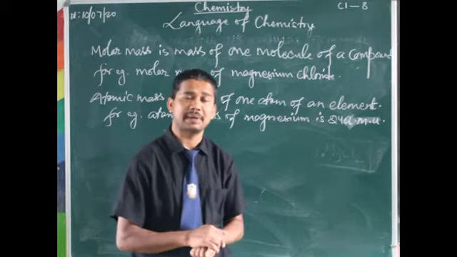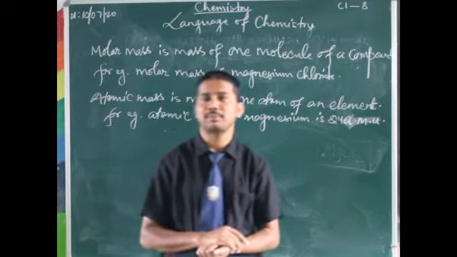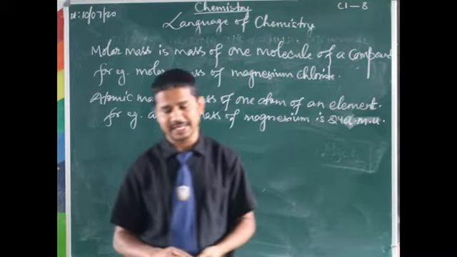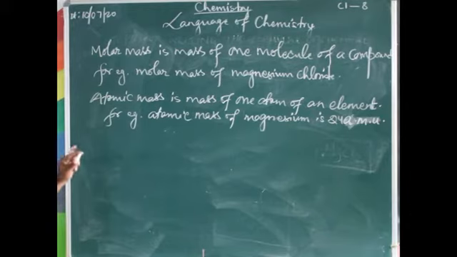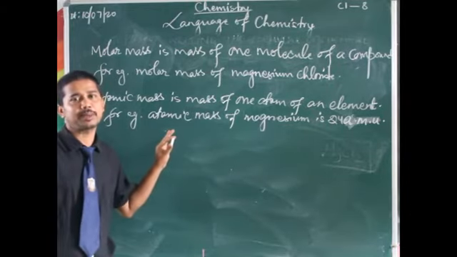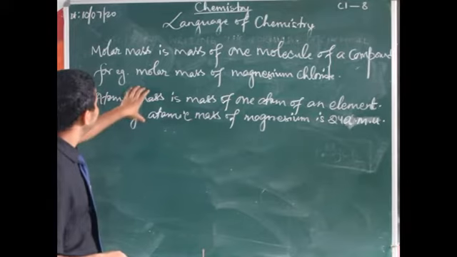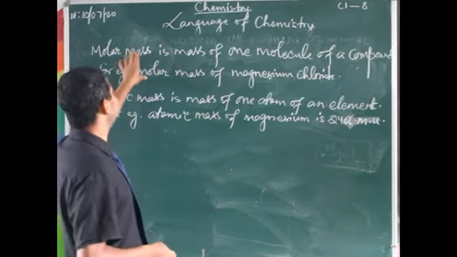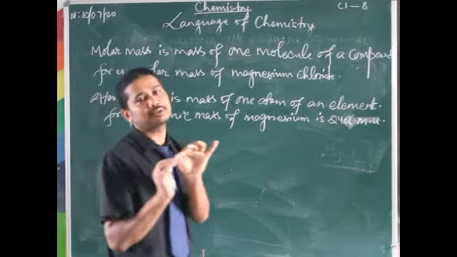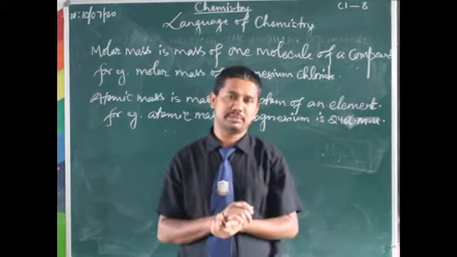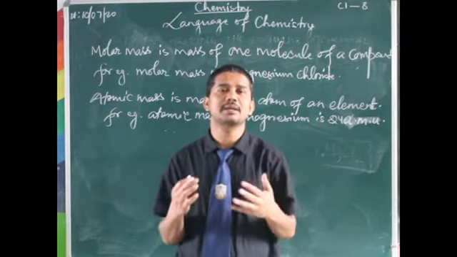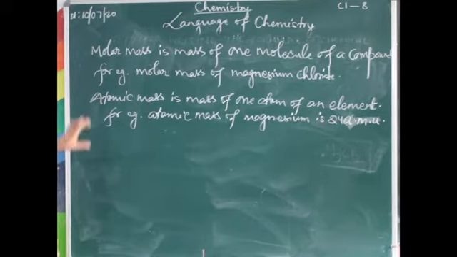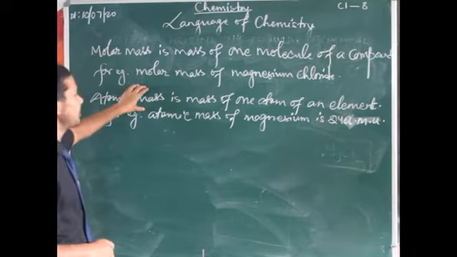So regarding atomic mass of elements, you can refer to table 5.8. So knowing the atomic mass of an atom of an element, you can write molar mass, because a molecule contains atoms. Molecules are made up of atoms of the same type or of different types. So before writing molar mass, you must be knowing atomic mass.